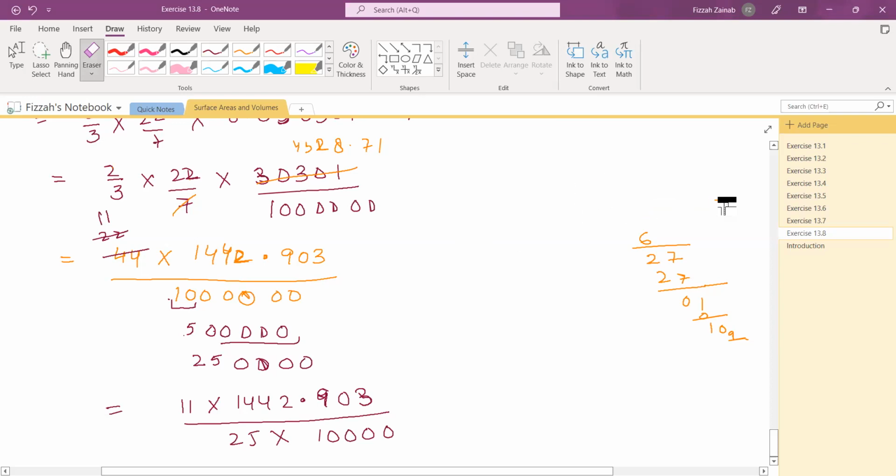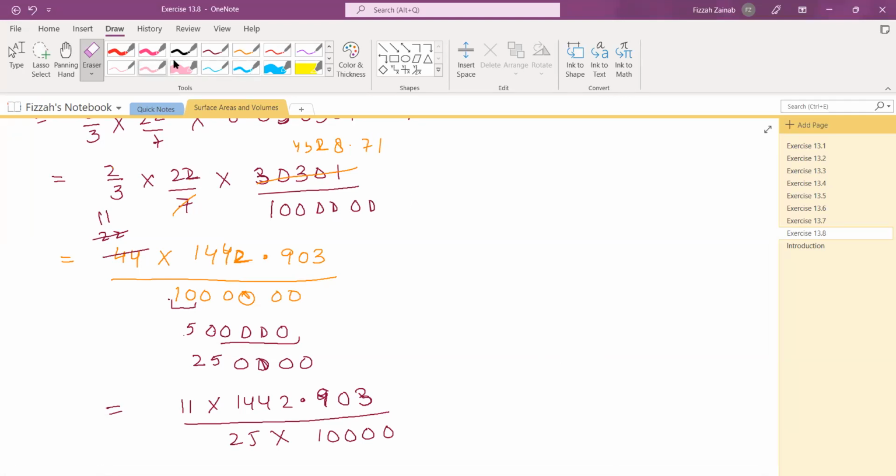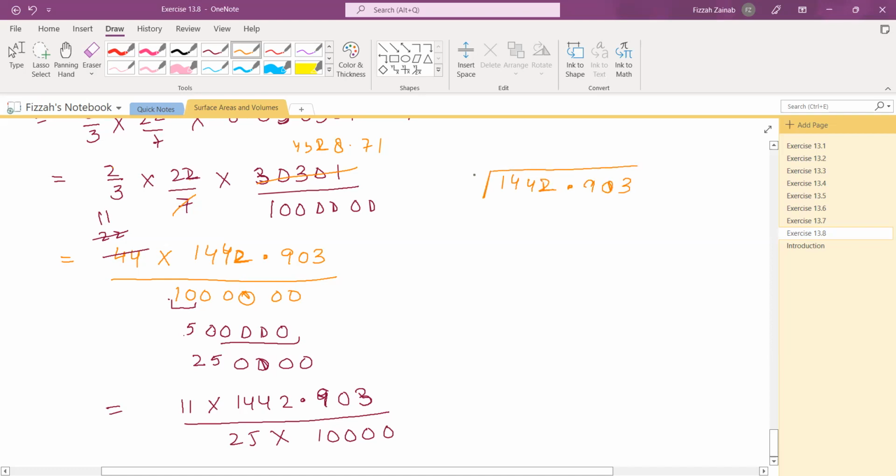Okay. Right. So now I'm going to divide this number, 1442.903, by 25, because the 25 table is easy, right? You can do your division by 25.